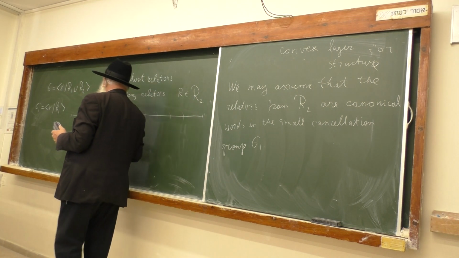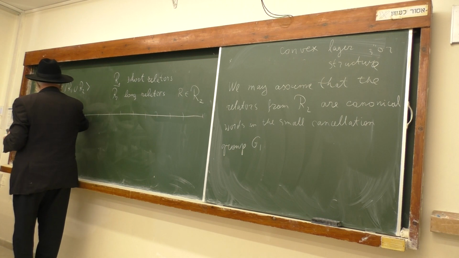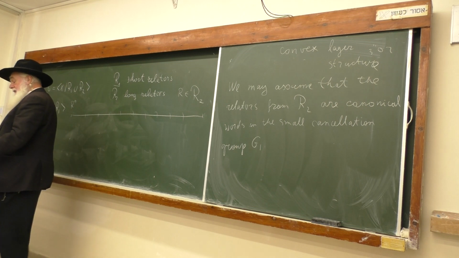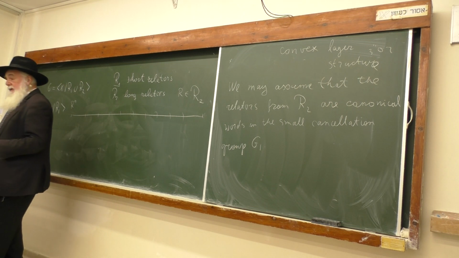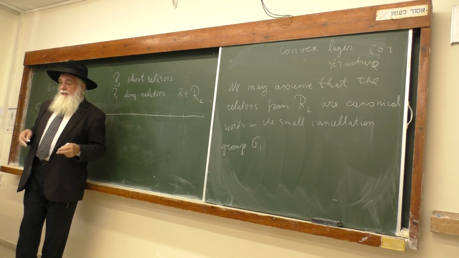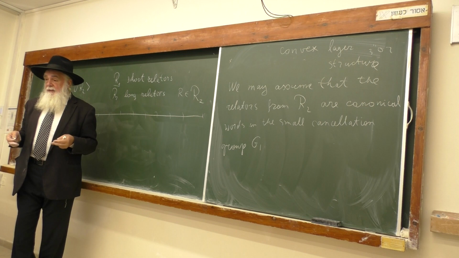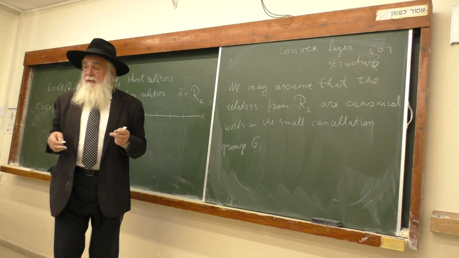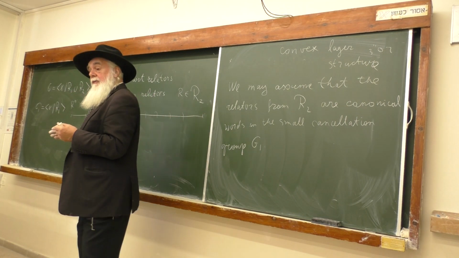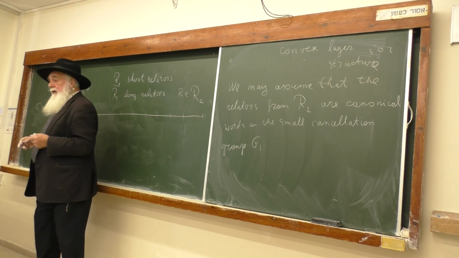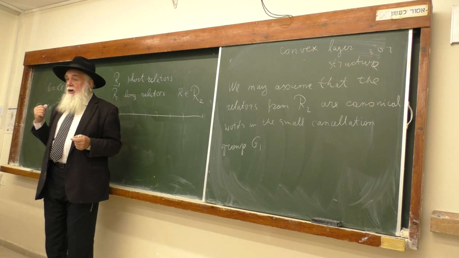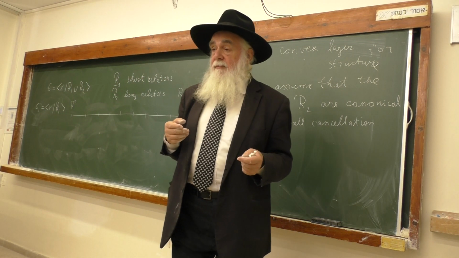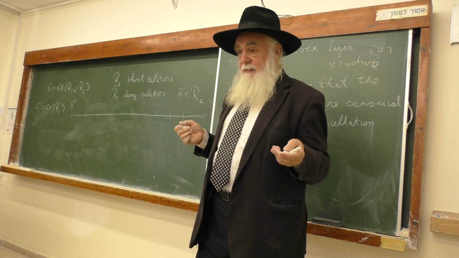Now, we know how to define the canonical form of a word. How have we done it? It was a three-step process. We first took a semi-canonical form of it, just with a list of forbidden words, too long parts of the relators of R1. Then we take the certified form, and then we take the canonical form.